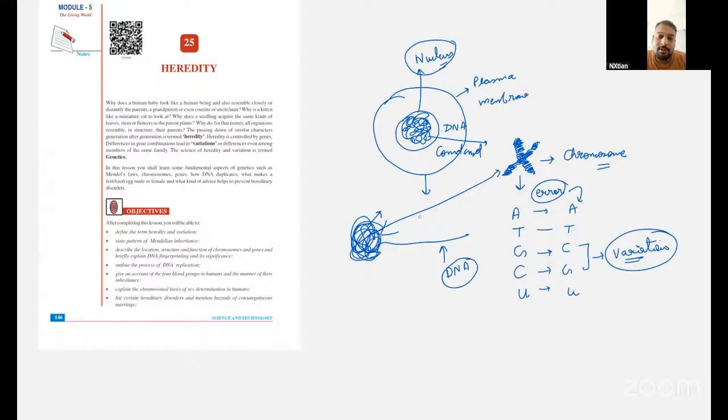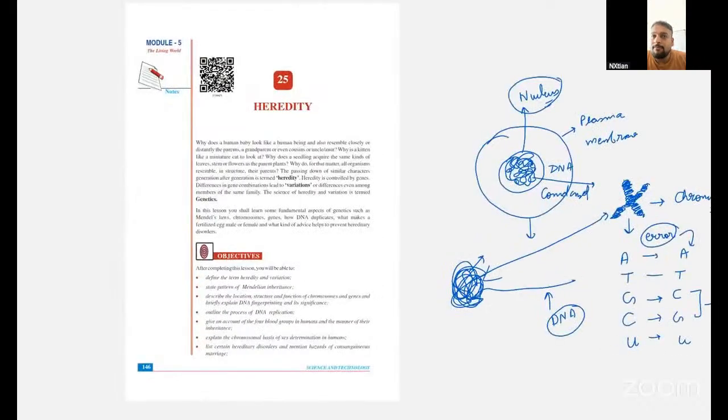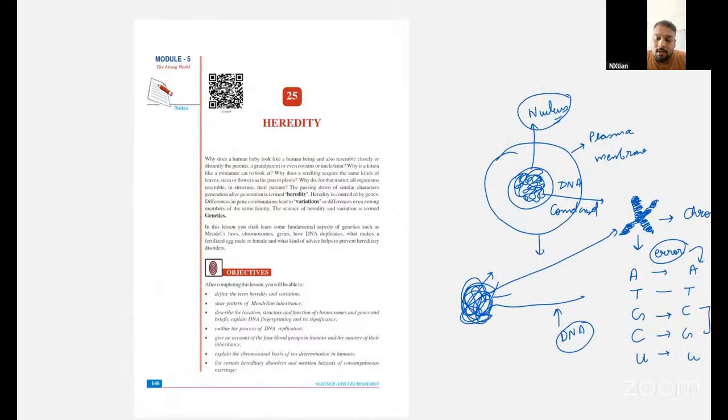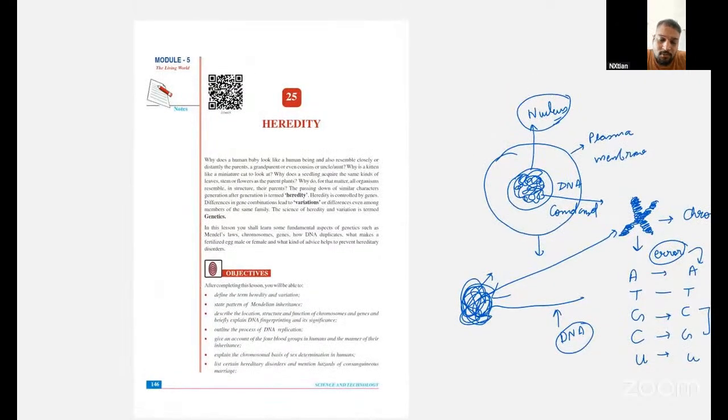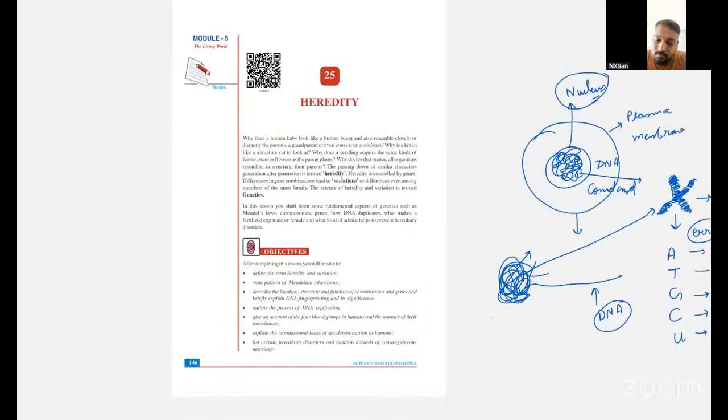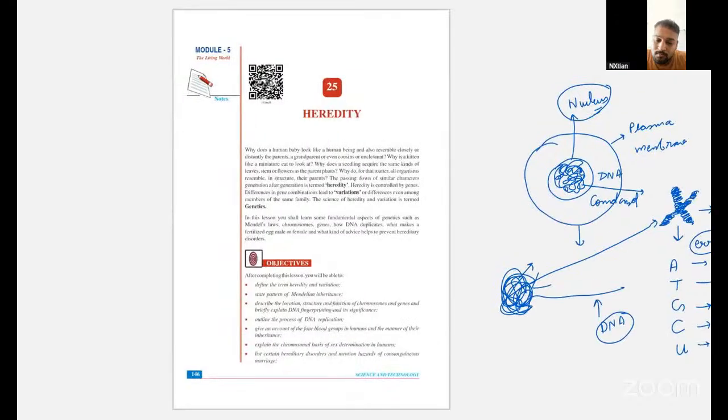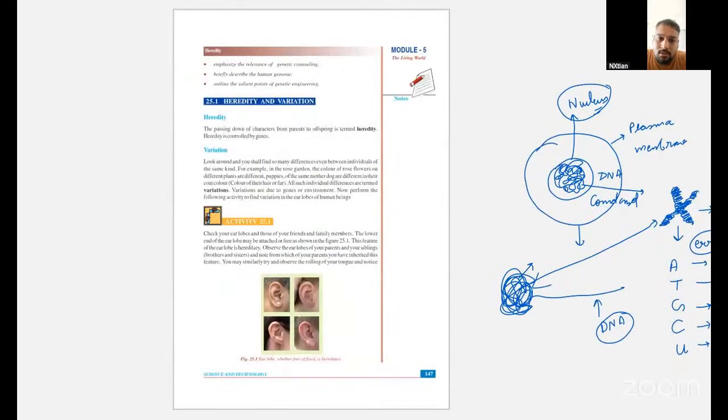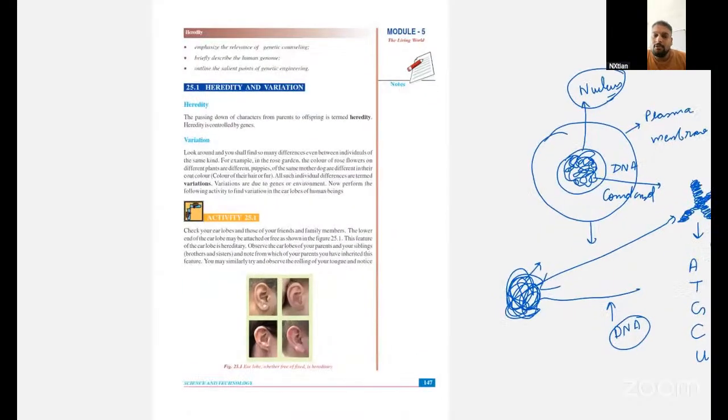Like water condenses into ice, in that way. Chromosome is also in the nucleus, right? Yeah, it's in the nucleus.